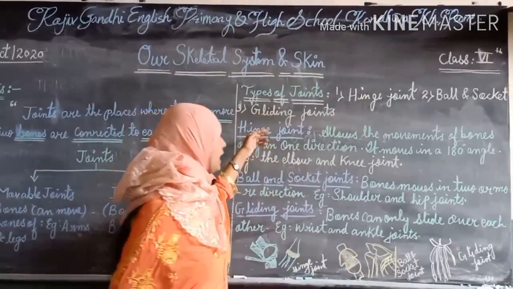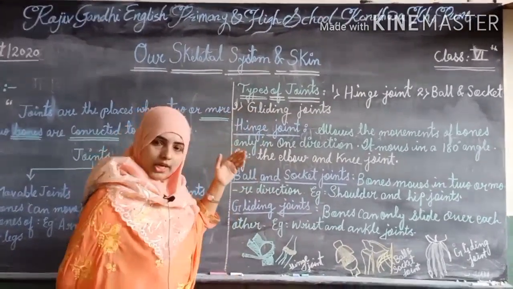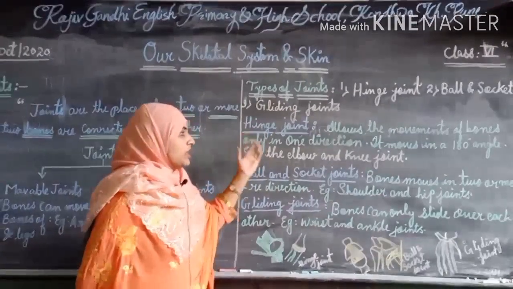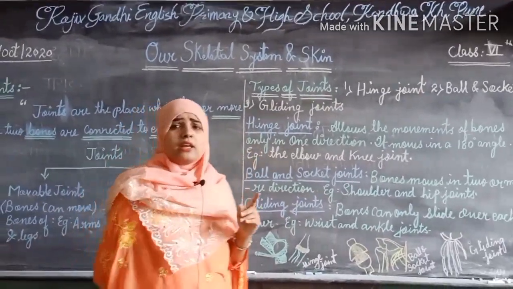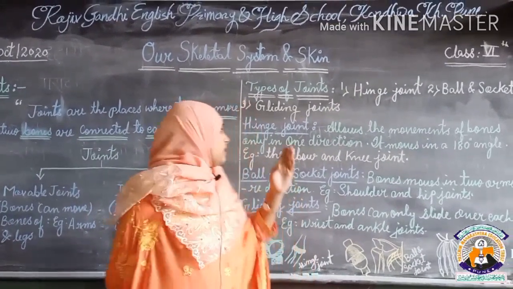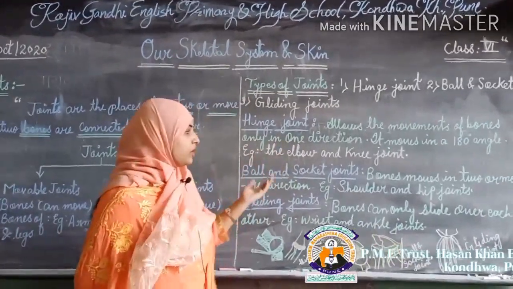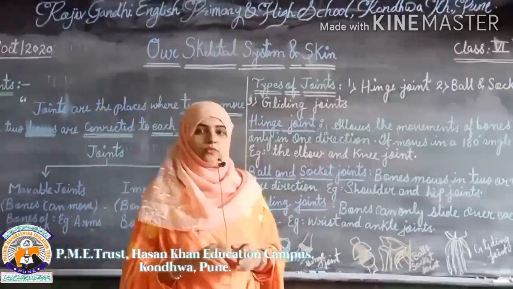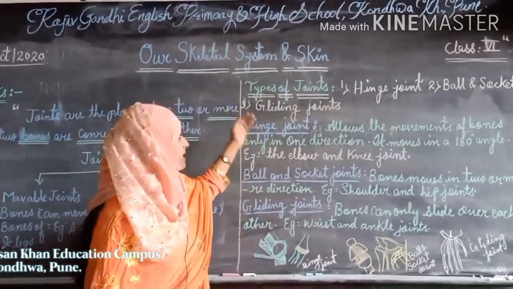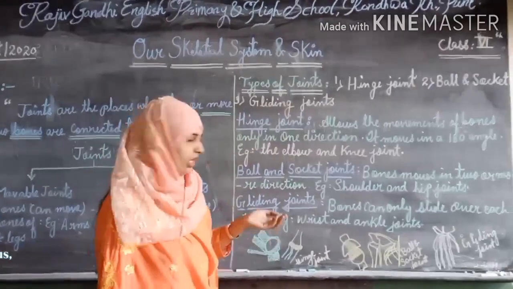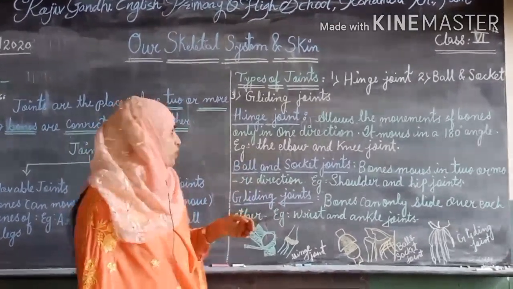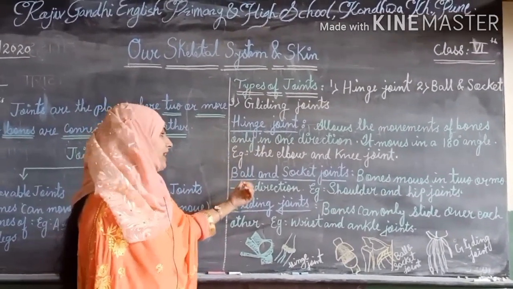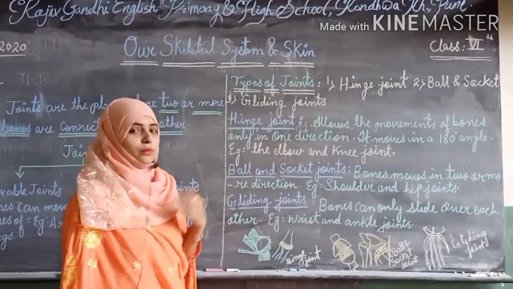So first is the hinge joint, second is the ball and socket joint, and third is the gliding joint. Hinge joints allow movement in one direction. Second, ball and socket joints allow movement in two or more directions.